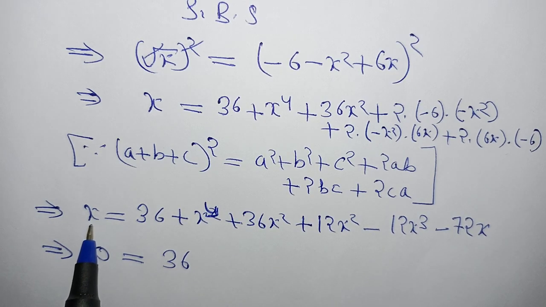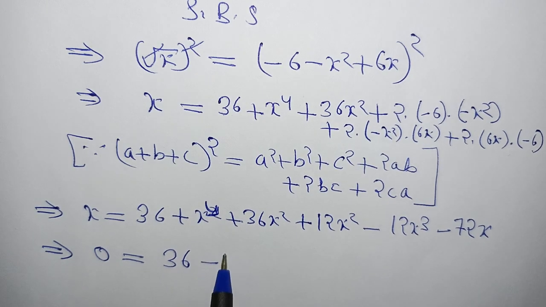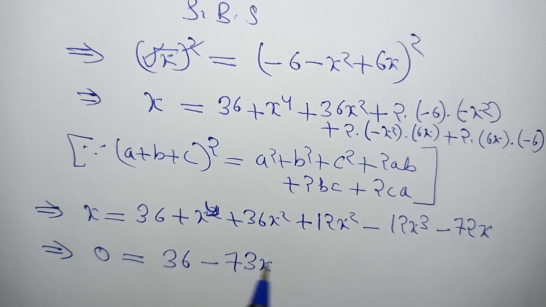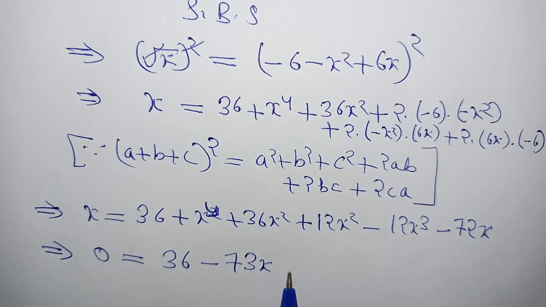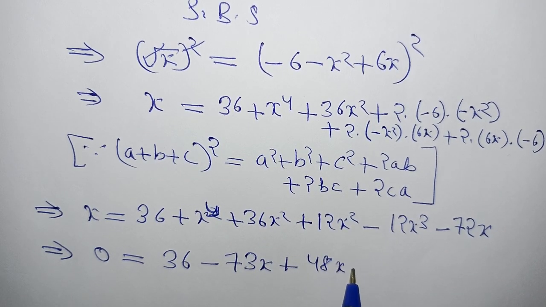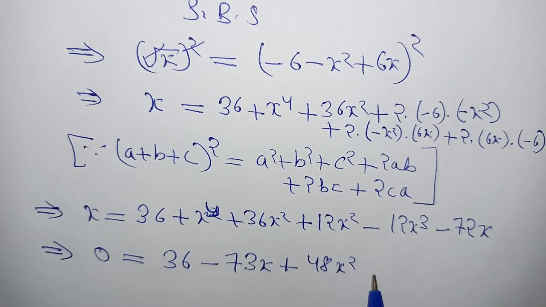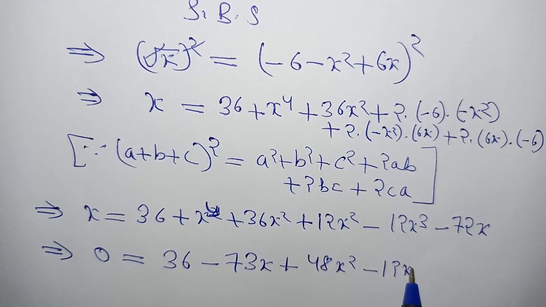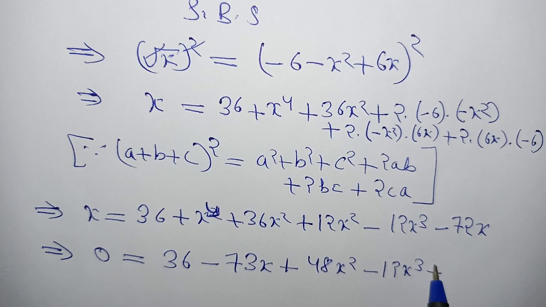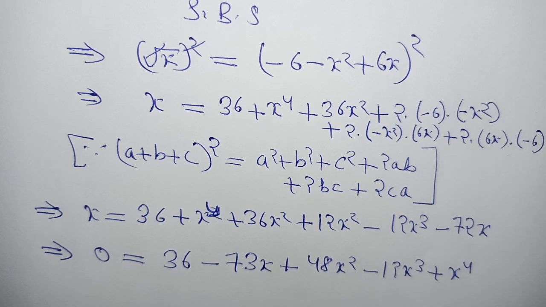So this x will become negative, so we have minus 73x, and then we have plus 12x square plus 36x square, that will become 48x square, and then we have minus 12x cube and plus x power 4, right?